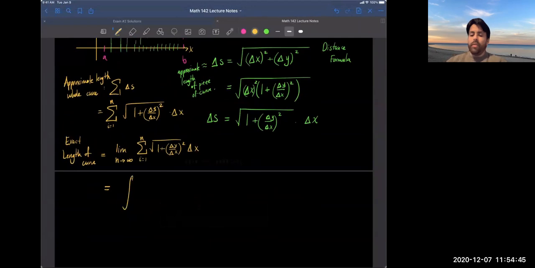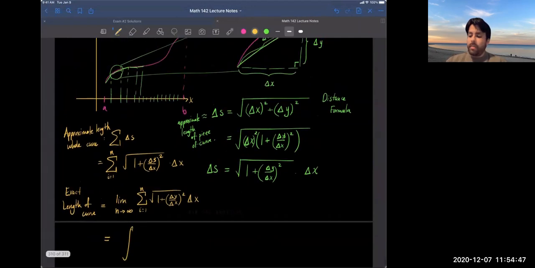You get an integral. And what are my bounds of integration? From a to b. Of the square root of 1 plus, what does this become? We know that this becomes dx, doesn't it?